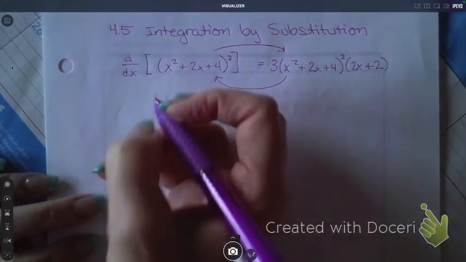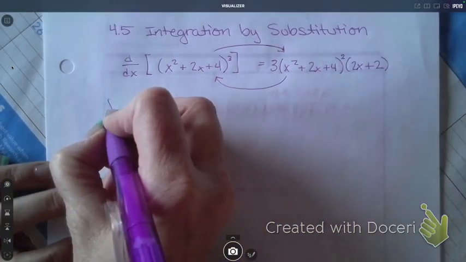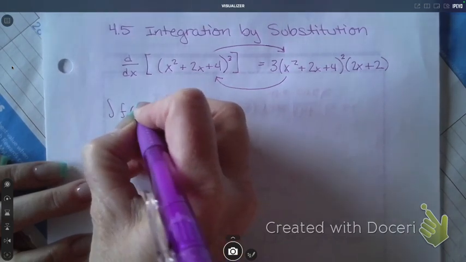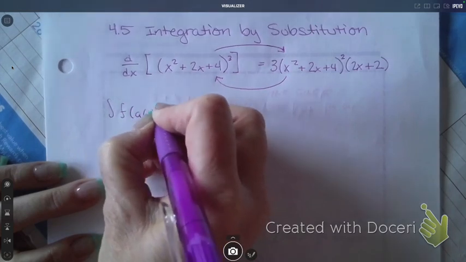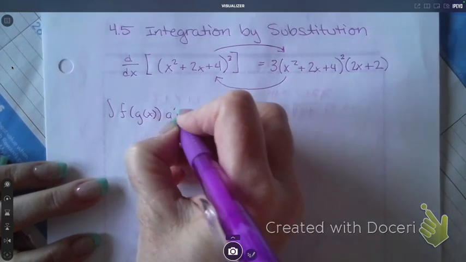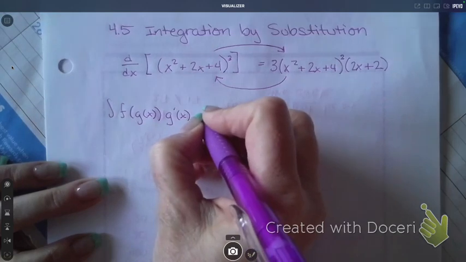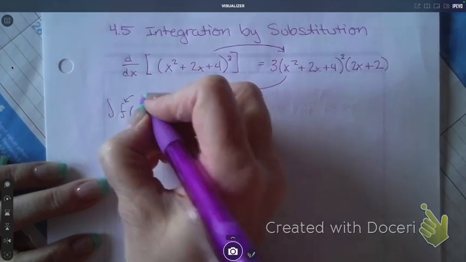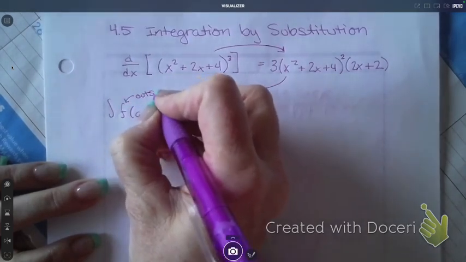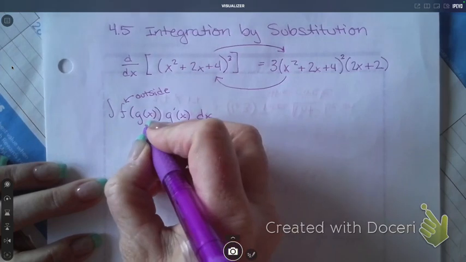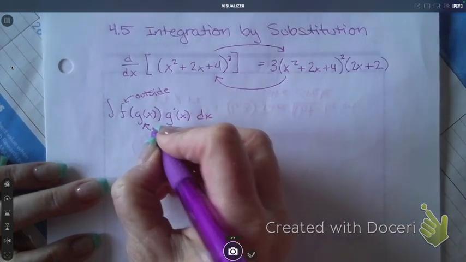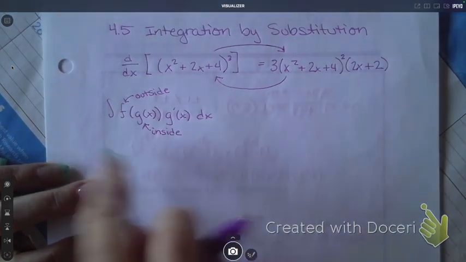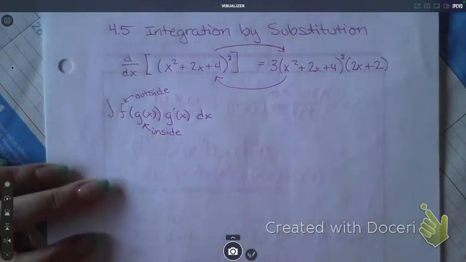So our method is, when we have the integral of f of g of x, g prime of x, dx, we know that f is the outside function, right? And g of x is the inside. So we're going to have to train our brain to see that. Does that make sense?